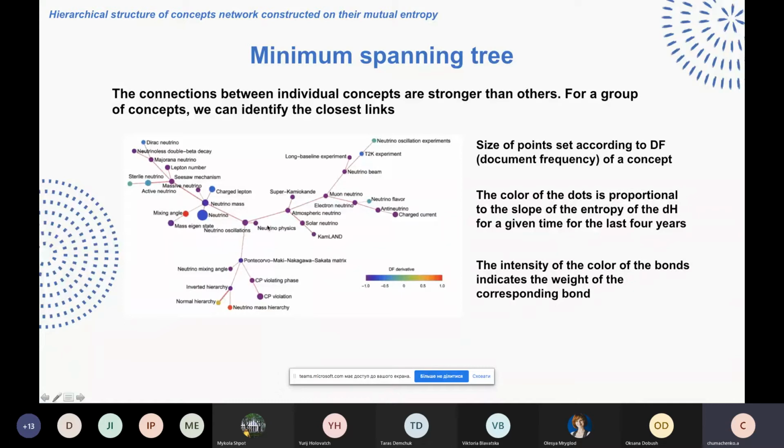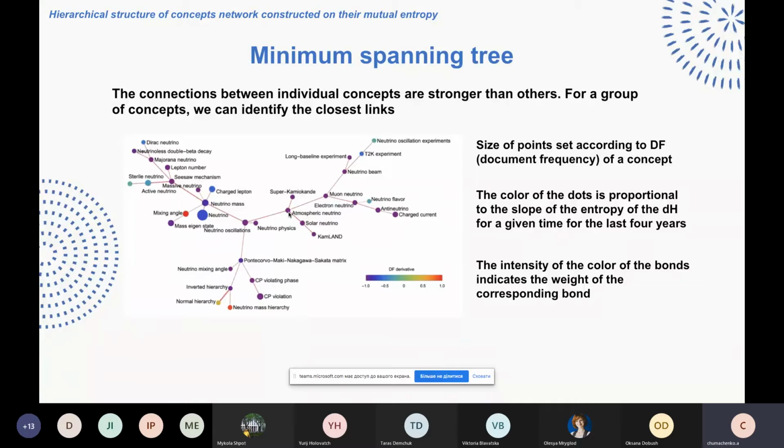To explain what is written here, we have circles as concepts, and the color of these concepts is set by the derivative of the corresponding entropy time series.